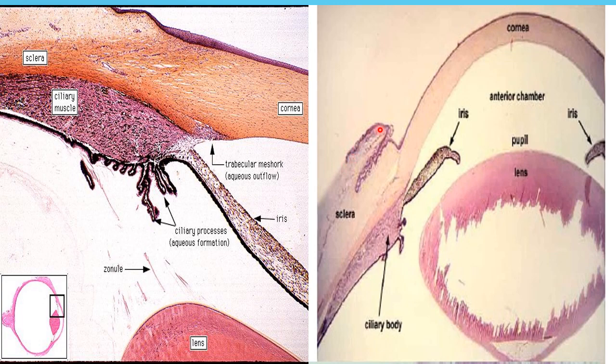Here you can see the conjunctiva, and in between the choroid and sclera there is again the loose connective tissue, the lamina fusca or suprachoroidal lamina, which is the transition and demarcation point between the sclera and choroid layer.